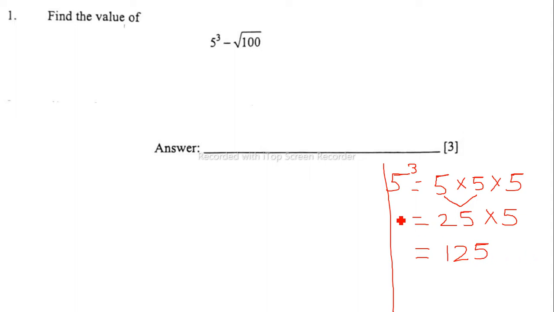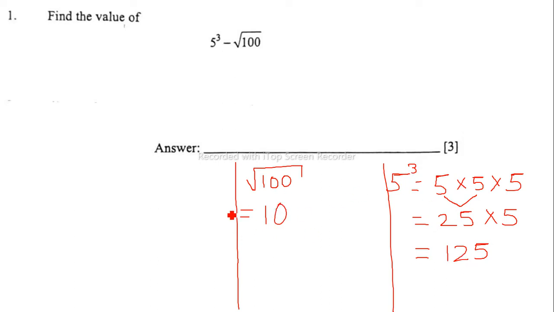So that's 125. The next thing is we need to figure out the square root of 100. When we say the square root of a number, what do we mean? What times what is 100? 10 times 10, so the square root of 100 is 10. So we have the square root of 100 is 10, and 5 cubed is 125.